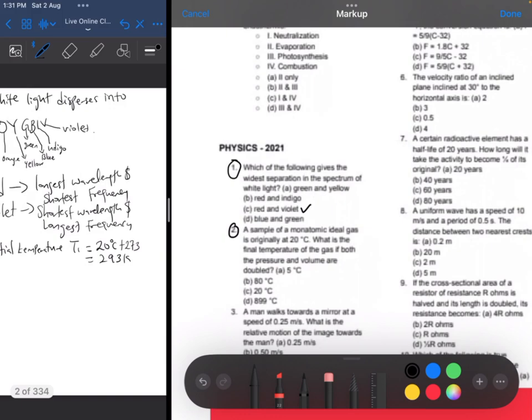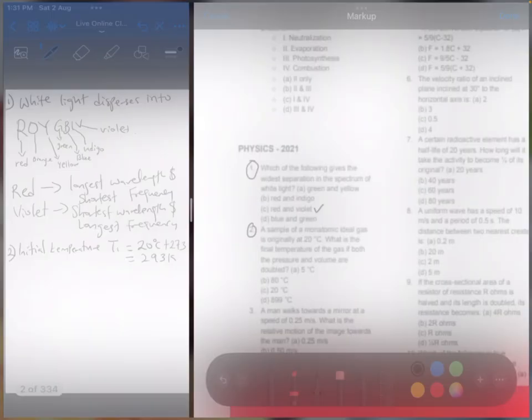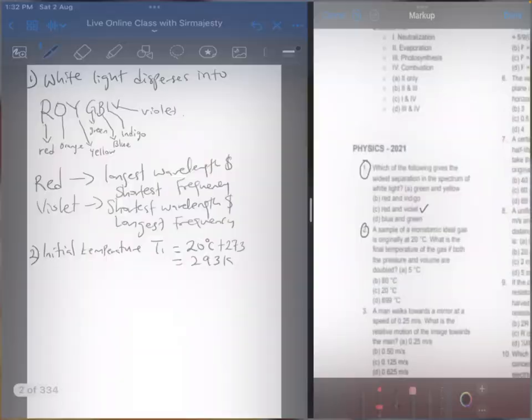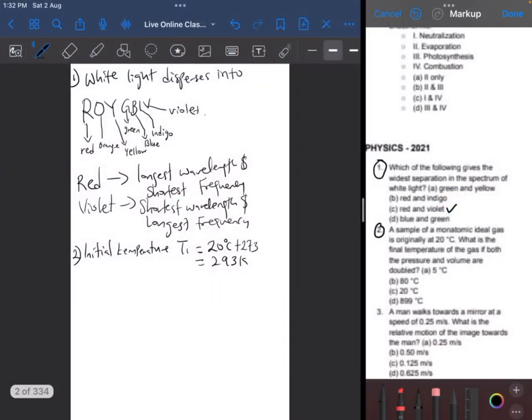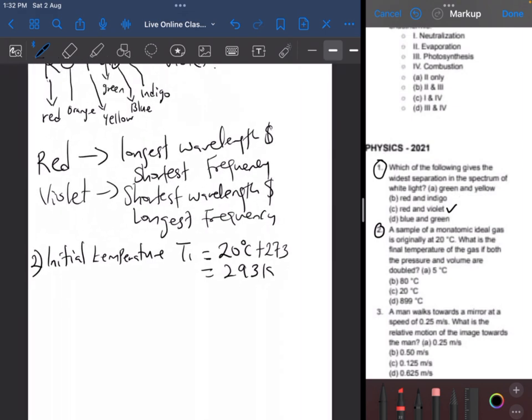Now they said, what is the final temperature of the gas if both the pressure and volume are doubled? Let's take our P1 to be P1 and our V1 to be V1. Sorry, I'm making a mistake.